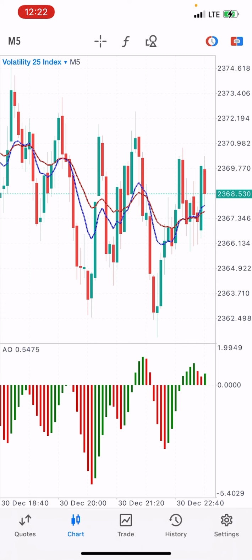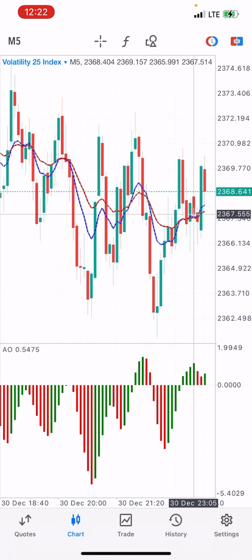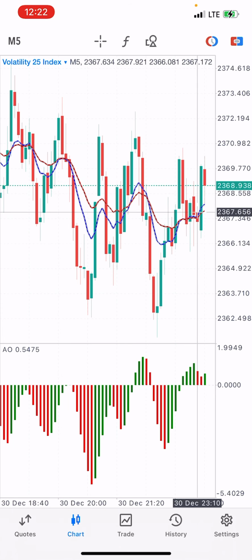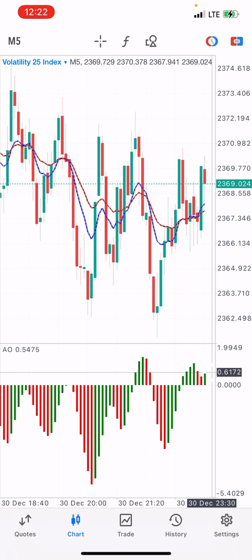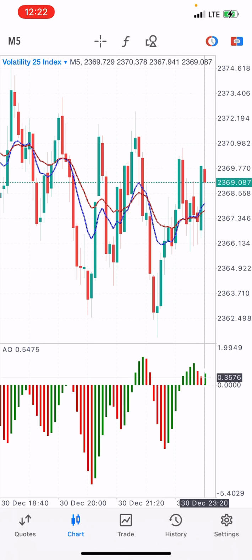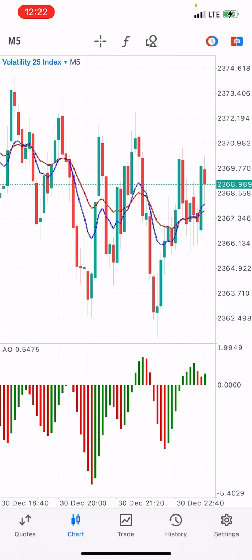Yeah, so guys, watch this right now. We can see an intersection here whereby the blue moving average crosses above the red, and it's also above the zero level. That is the awesome oscillator. So this is a signal to place a buy.